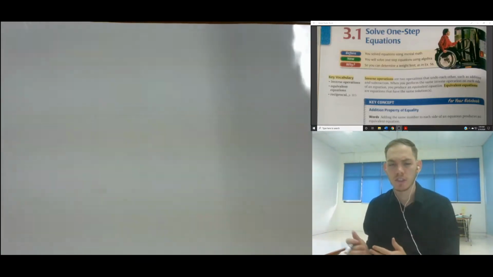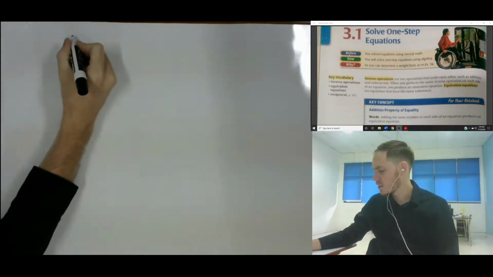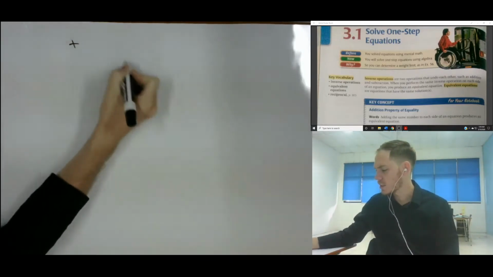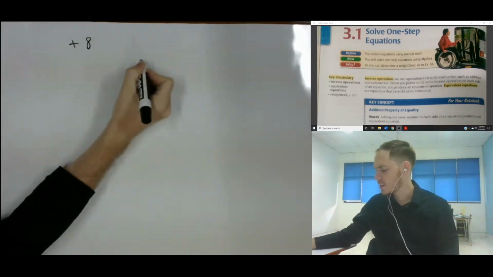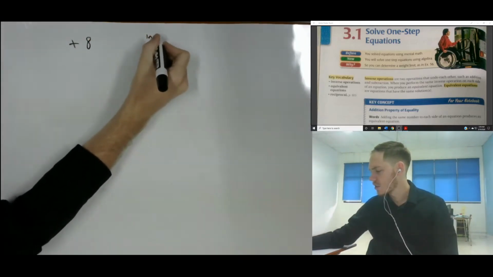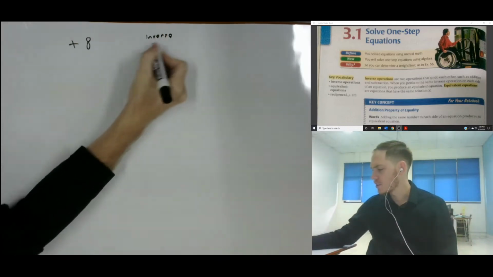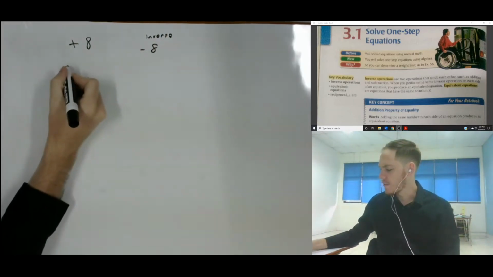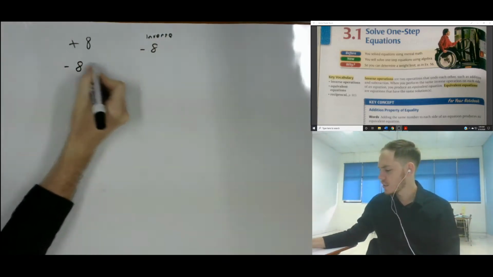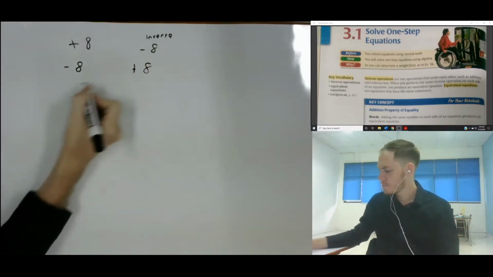One-step equations are going to have one operation that we need to reverse, or do the inverse of. So for example, if the operation is addition and you added 8, the inverse is going to be to subtract 8. If you subtracted 8, the inverse is to add 8.